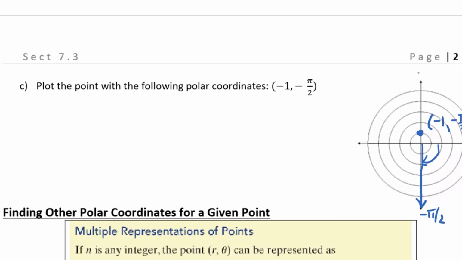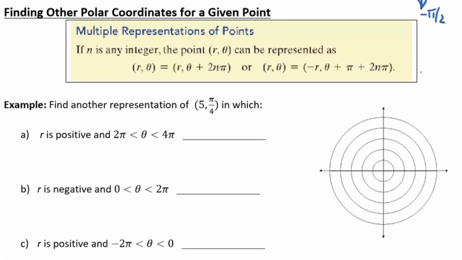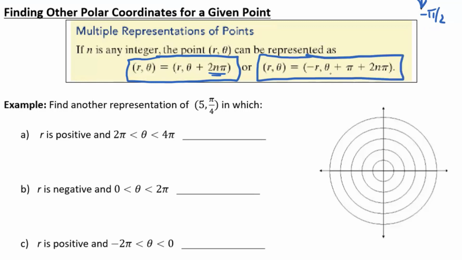Now, in general, if you want to find different representations of a particular point (r, theta), you can basically take the point (r, theta) and just add any multiple of 2 pi to theta. And of course, that's going to be on the same terminal side and the same distance from the pole. On the other hand, if you want to find points that have the opposite r value, you can do pretty much the same thing.